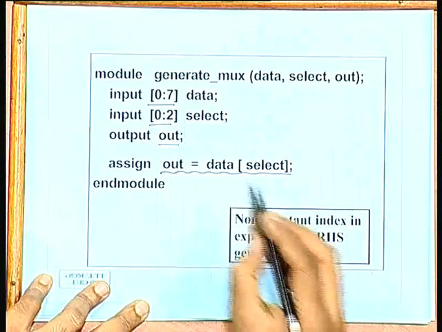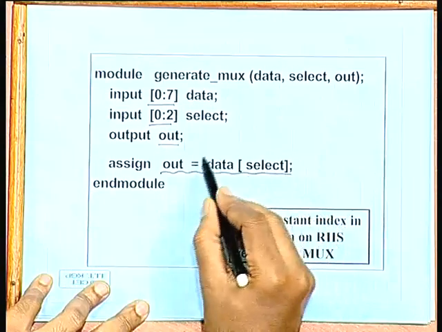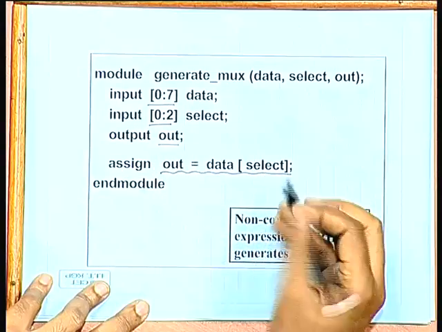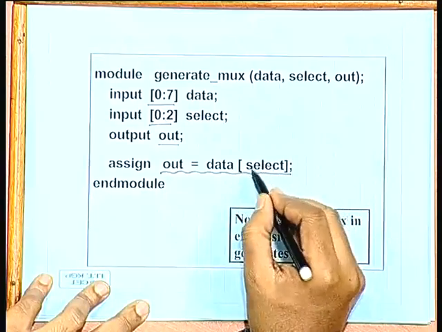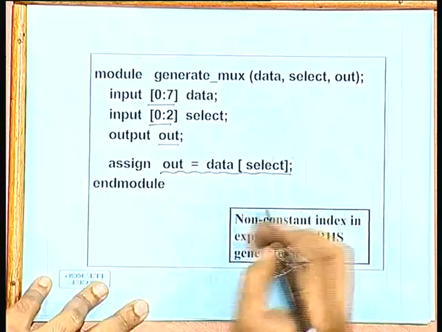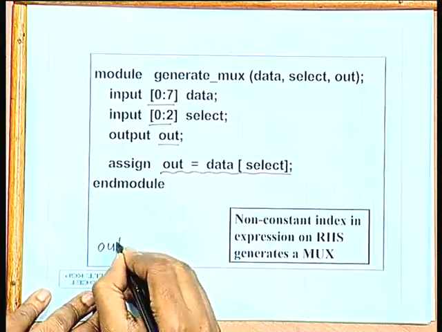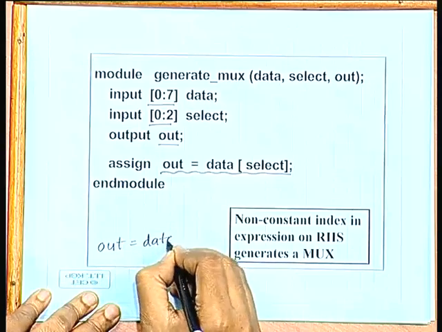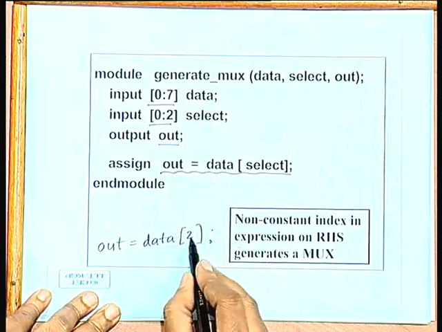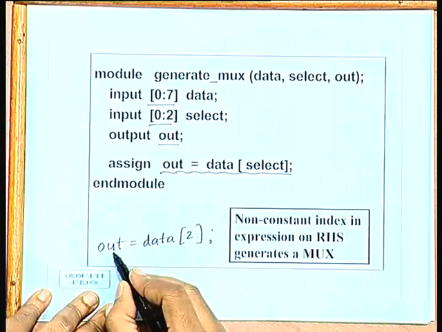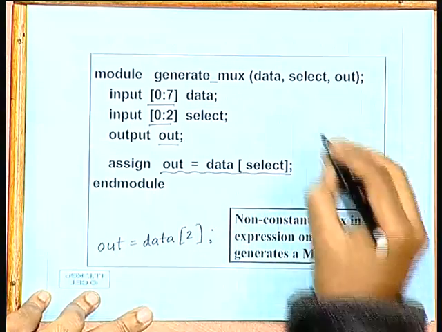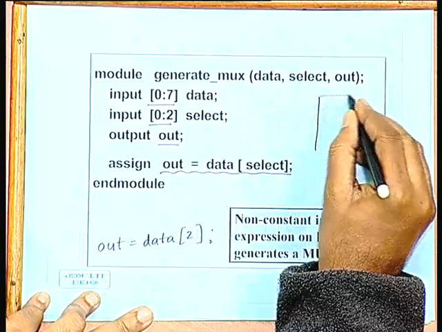Now you understand one thing, right? The right hand side contains a variable which is defined as a vector type, and we are accessing it with an index, and the index is again a variable. This is not a constant. If the index were a constant, like out equal to data[2], then simply bit number 2 of this data would have been directly connected to out. But since this is driven by a variable, this will be synthesized as a multiplexer.